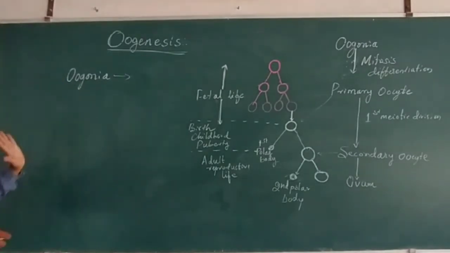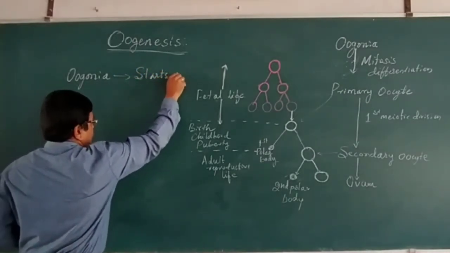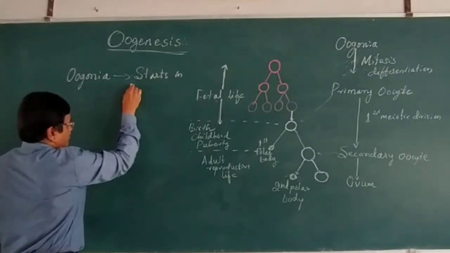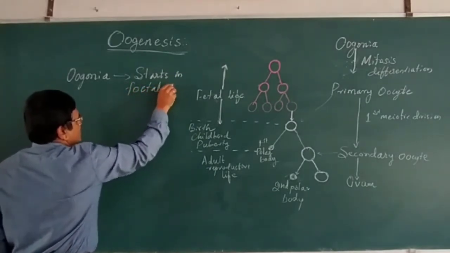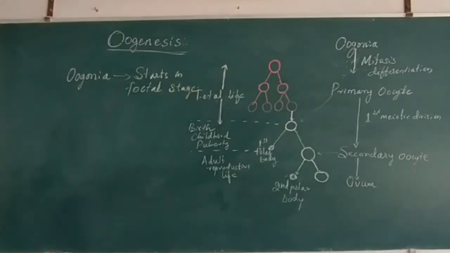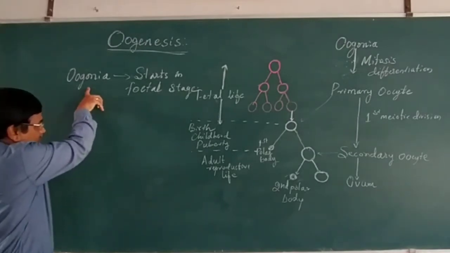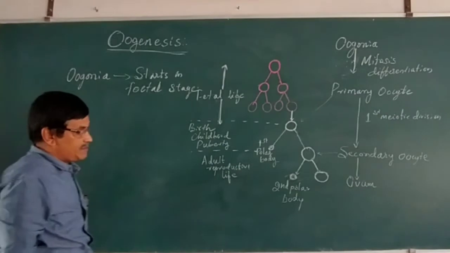So it starts in the fetal stage. A number of oogonia, or oogonial mother cells, will be formed.